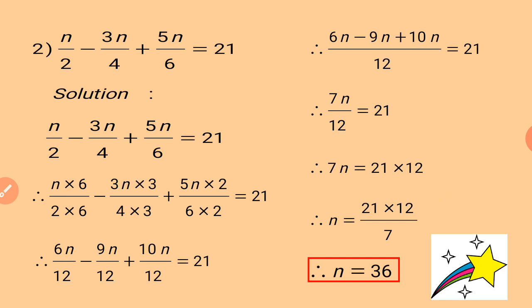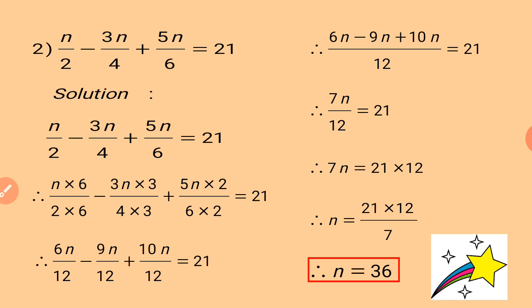Children, the method is start with the table of the largest number. Here we are finding out the LCM of 2, 4 and 6. The largest of all these is 6. Start with the table of 6. 6 ones are 6.